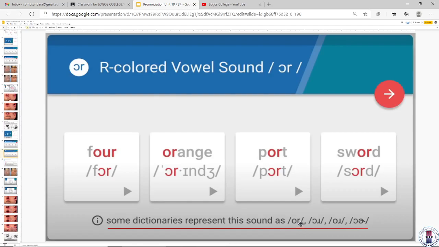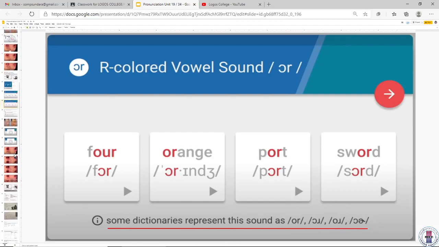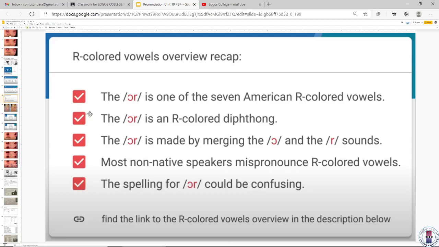Again, I don't know why they do it, but sometimes you'll see the sound written like this in a dictionary. Or. Right? But either way, this is all the or sound. So or is one of the 7 American R-colored vowels. And it's an R-colored diphthong because you're combining the aw with the r, right?